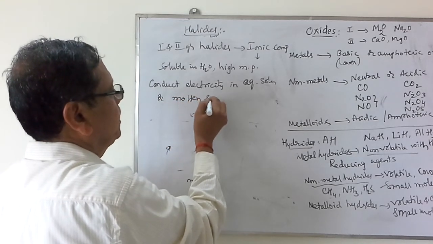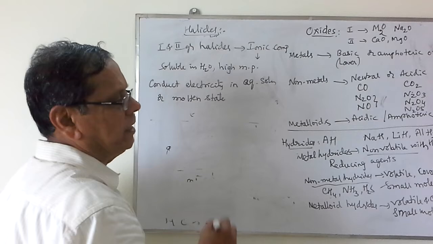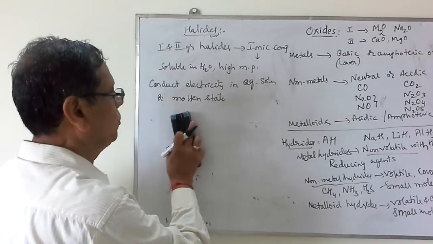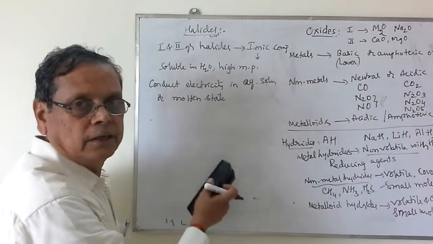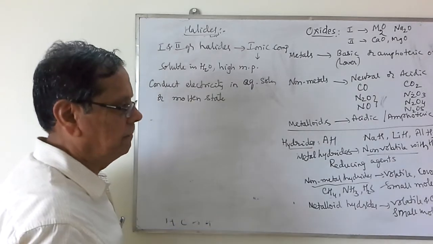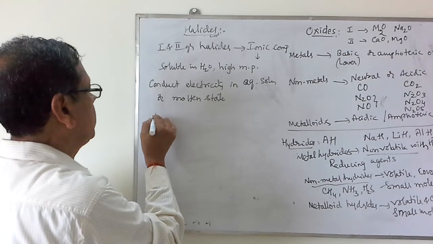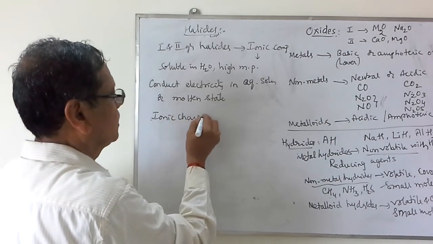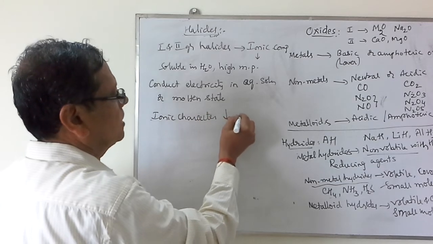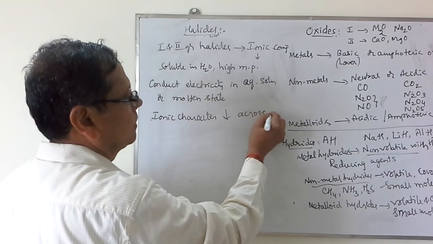For example, when we dissolve sodium chloride in water or when we melt, fuse the sodium chloride, it will conduct electricity because of the presence of the ions. Then coming to the ionic character, ionic character decreases across the period.